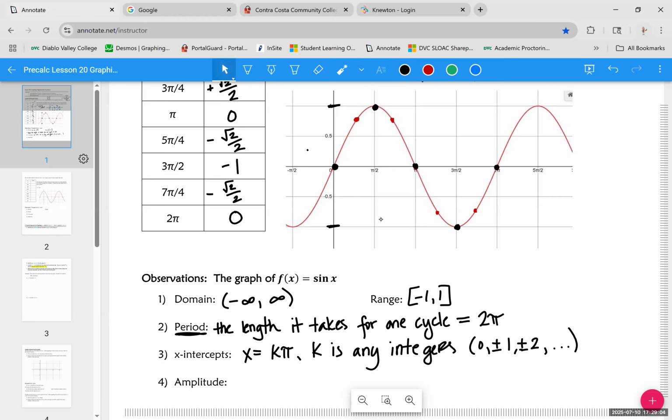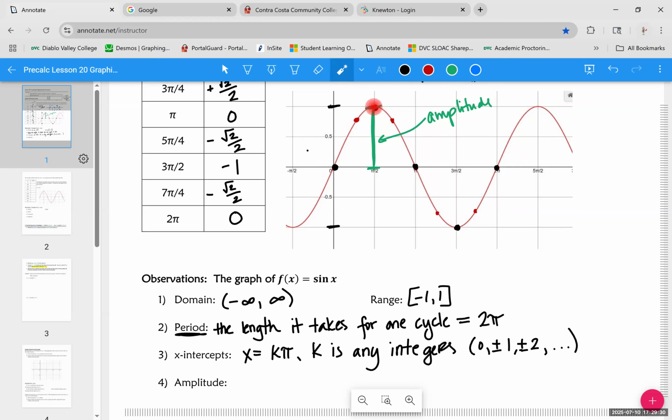And amplitude, this is a new word that we haven't used yet. I'm going to draw it in. Actually, let me use a different color. I'll use the green here. This is the amplitude right here. And what it's defined to be is half the distance between the maximum and the minimum y values.